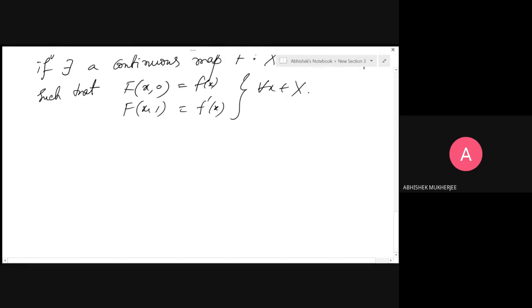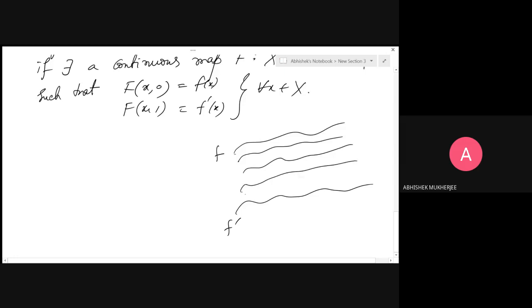The picture looks like this. If this is f and this is f dash, you are deforming f to f dash continuously.